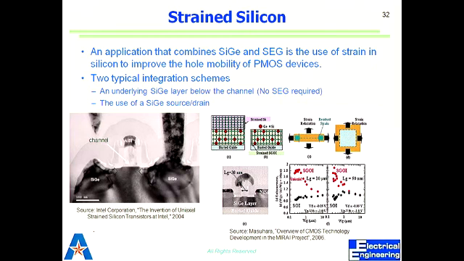So this is ID enhancement, drain current enhancement. When you have more stress for SOI or silicon germanium on insulator, you have much more enhancement in drain current.